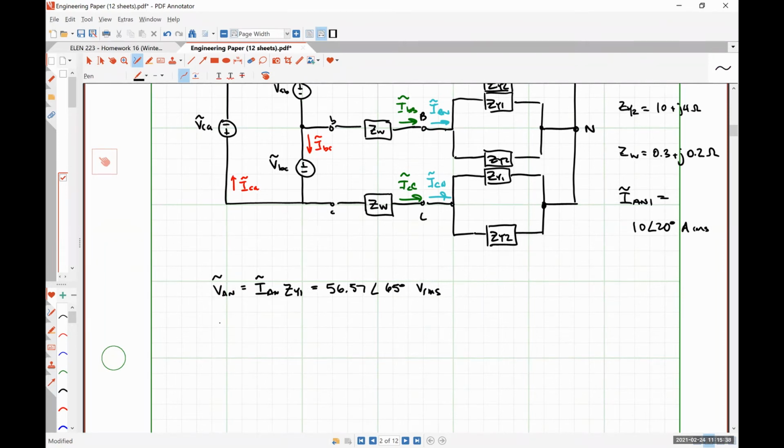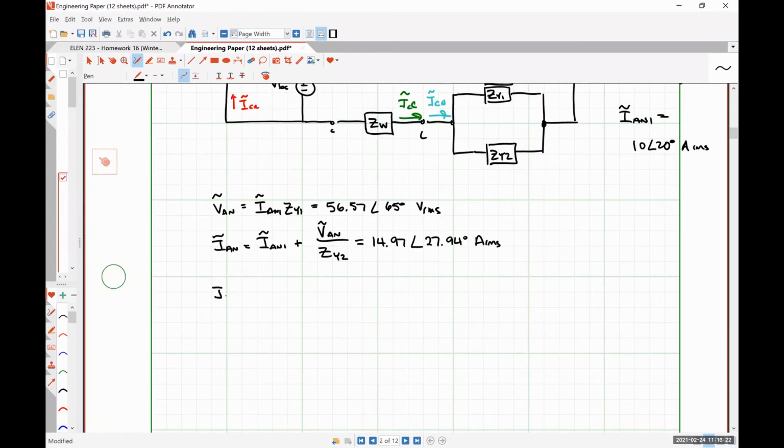Oh sorry, IAN is IAN1 plus VAN divided by ZY2. That gives 14.97 angle, what was that? 27.94 degrees amps RMS.